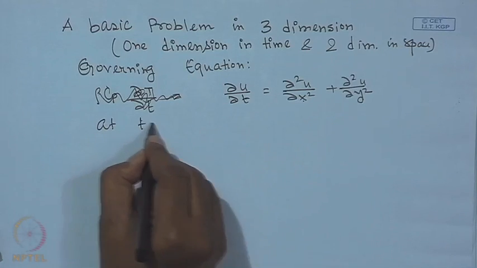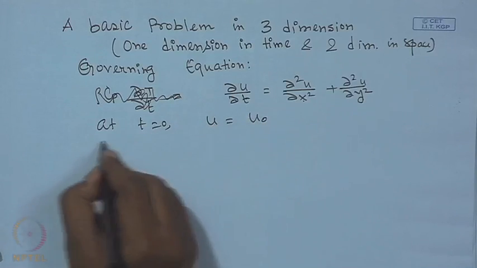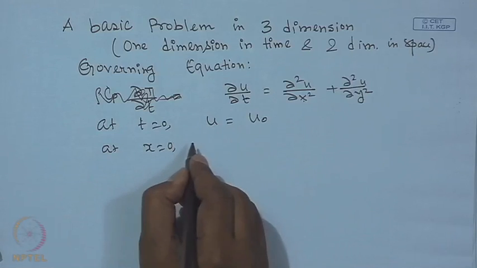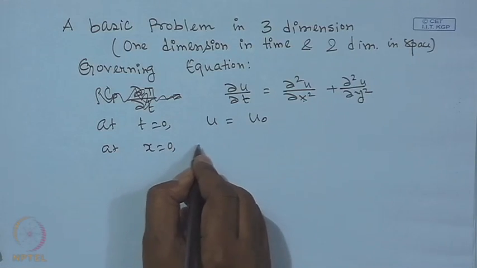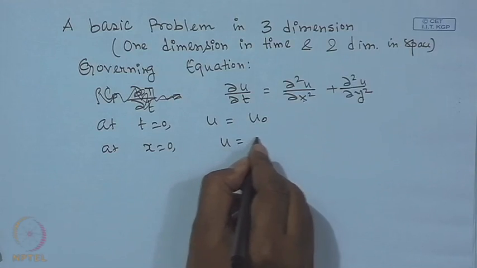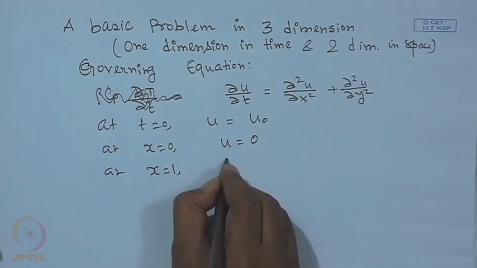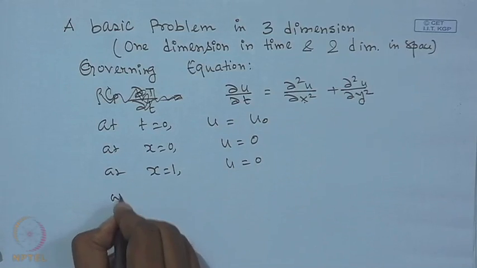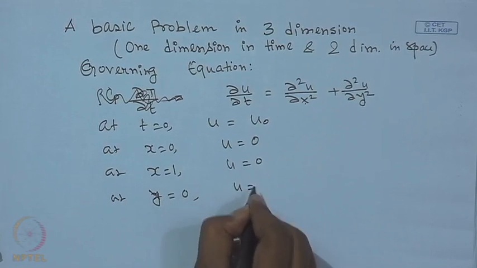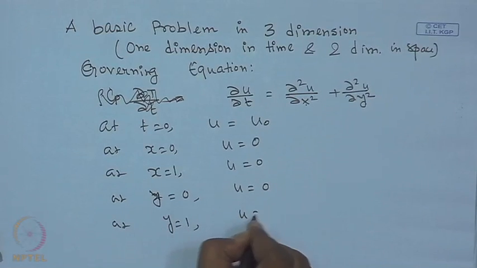At t is equal to 0, we have u is equal to u naught, and at x is equal to 0, we have u is equal to 0, at x is equal to 1, we have u is equal to 0, at y is equal to 0, we have u is equal to 0, at y is equal to 1, we have u equal to 0.